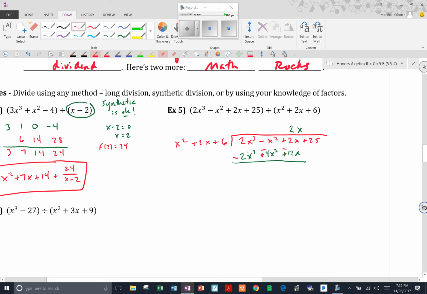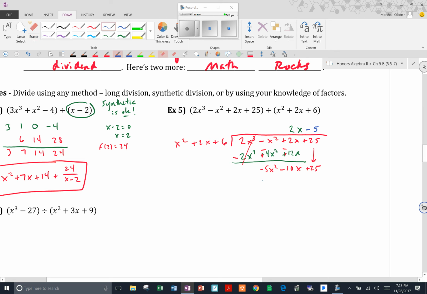So now we subtract. Those cancel out. We get negative 5x squared. And 2 minus 12 is negative 10x. And then we drop the 25. All right, what do we multiply x squared by to get negative 5x squared? Negative 5. We multiply the negative 5 to that divisor, excuse me.